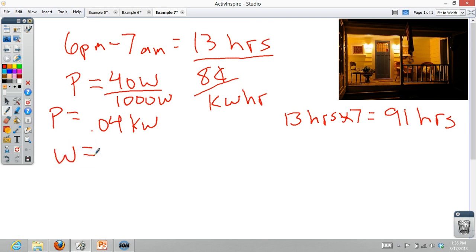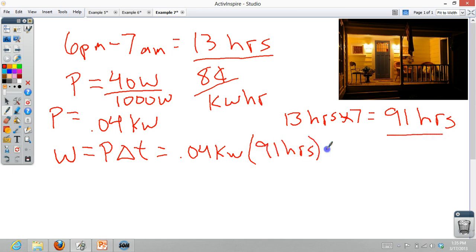Remember, in electricity, we interchange those two, and we say that's just power times time, or the change in time. The power is 0.04 kilowatts, and we need to multiply that times the number of hours that it's run, and that's 91 hours. And our unit then is a kilowatt hour, so if I multiply the two together, I get 3.64 kilowatt hours.